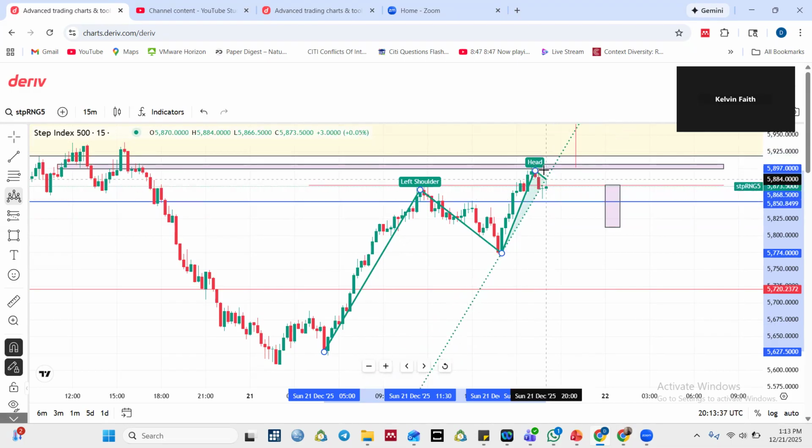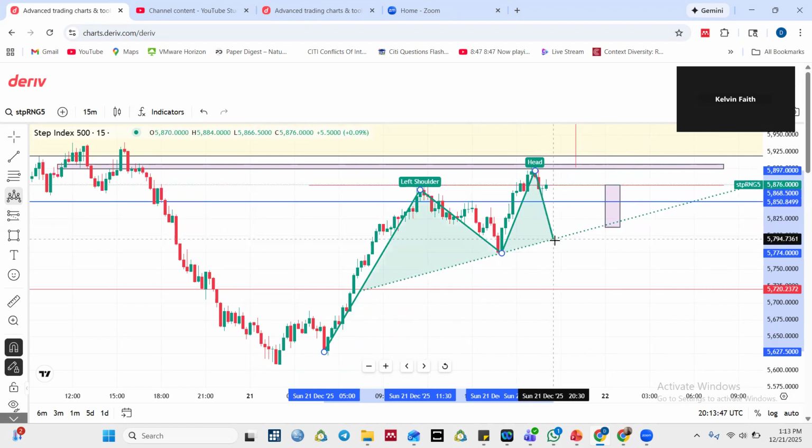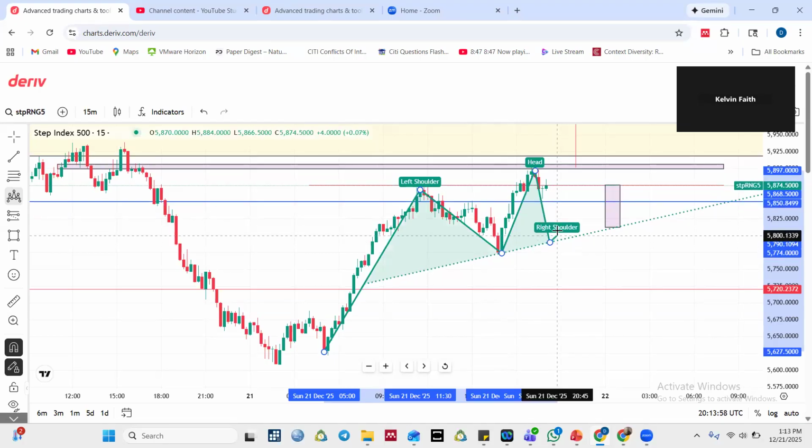I don't know yet. But what I do know is that for this market to sell, it should come down to somewhere here to test the neckline, and it must go up, but it should fail to make a new high.